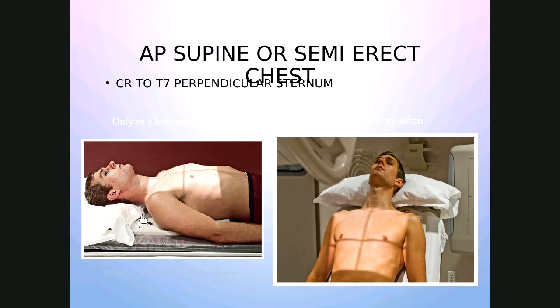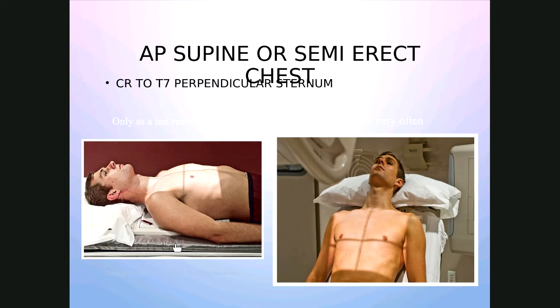It doesn't show engorgement of the veins and the vessels, and it allows the anatomy to fall and show air fluid levels. So when the patient is supine like this, you're really not going to evaluate air fluid levels, and a lot of times the lungs will not expand as deep because gravity is actually kind of fighting against you with the patient supine.